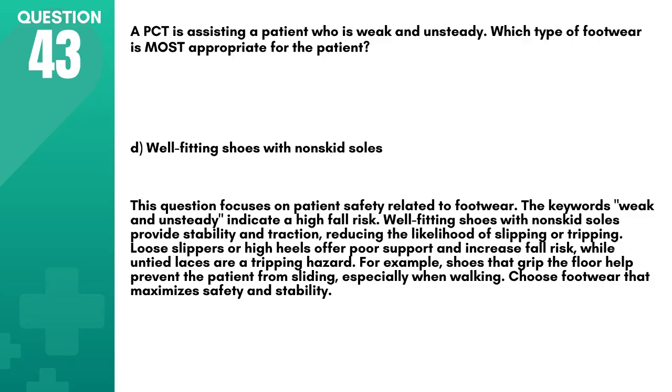A mechanical lift is for patients unable to bear any weight, and an independent transfer is unsafe here. For example, the PCT stands facing the patient, places the belt, bends knees, and helps the patient stand briefly before pivoting to the chair. Choose the transfer method appropriate for the patient's weight-bearing ability.